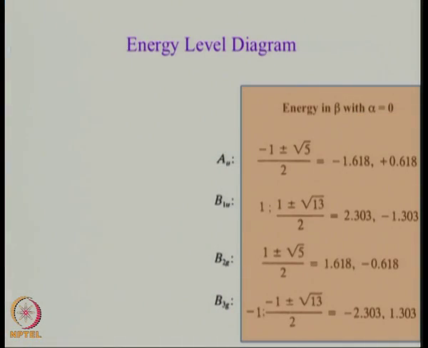Now, what I can do is draw the energy diagram. What will the energy diagram look like? What is the symmetry of the lowest energy bonding orbital? B1U. And what is the energy? Yes, 2.303 beta is the stabilization energy. What is the next one?